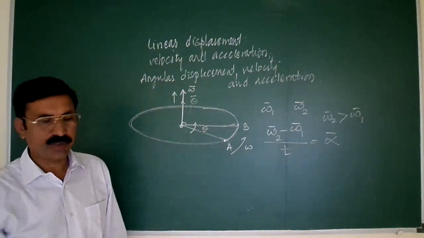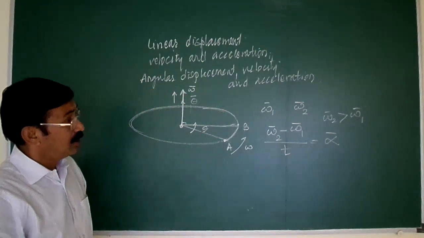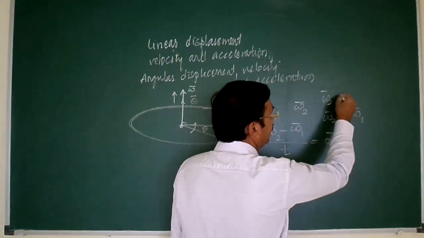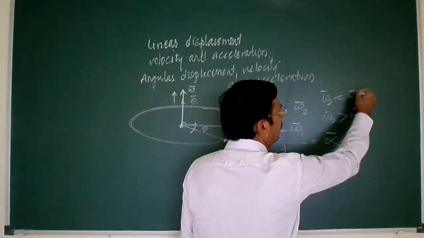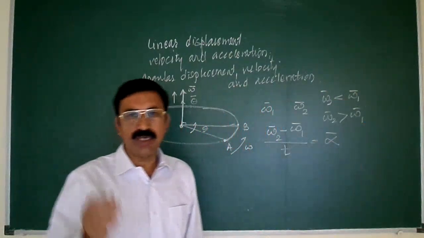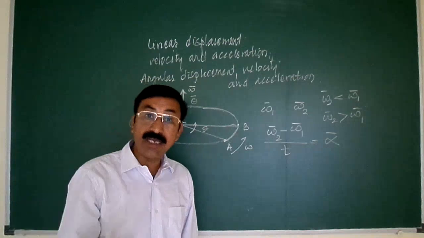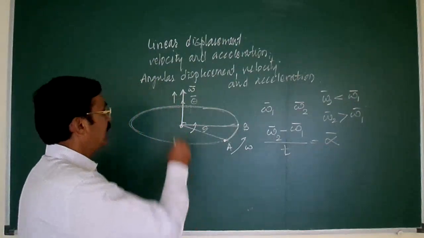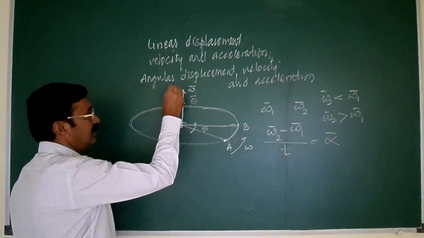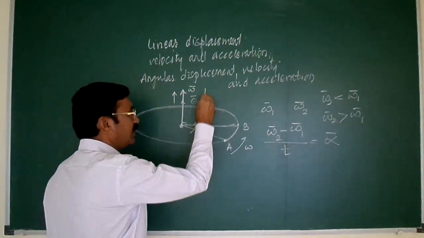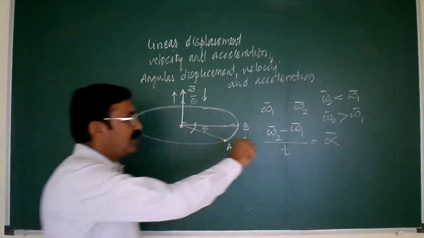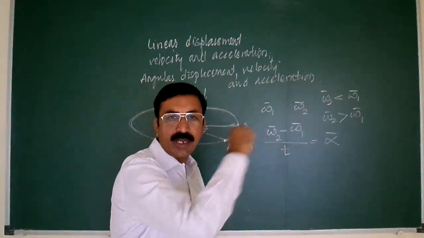is performing circular motion. But if the value of omega 2 is less than omega 1, that is, the initial angular velocity is greater than the final angular velocity, then in such case the direction will be opposite to the direction of omega 1 and omega 2.